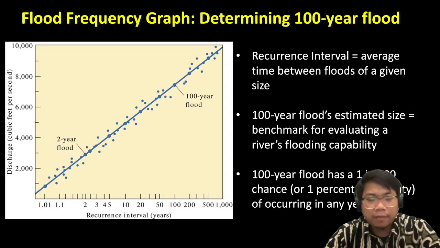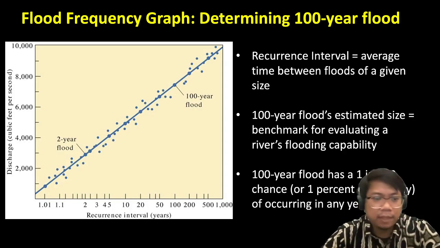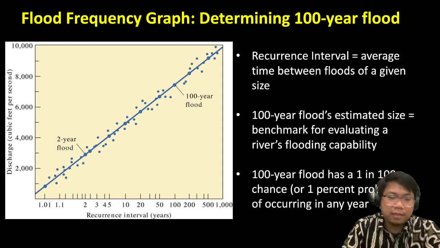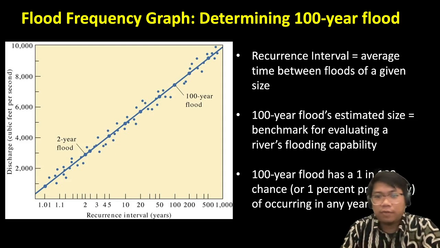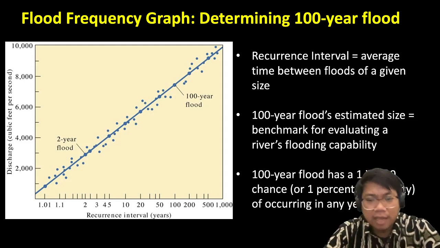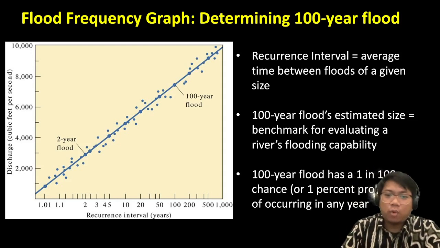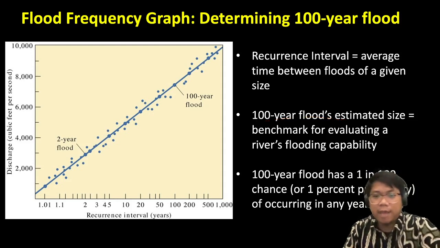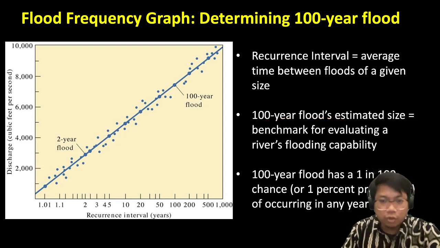Then you can plot those events into a graph like this to understand the recurrence intervals of those floods. The recurrence interval equals the average time between floods of a given size. For example, the 100-year flood's estimated size would be the benchmark for evaluating a river's flooding capability.